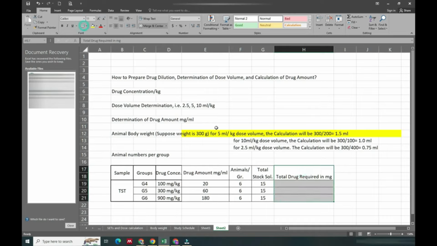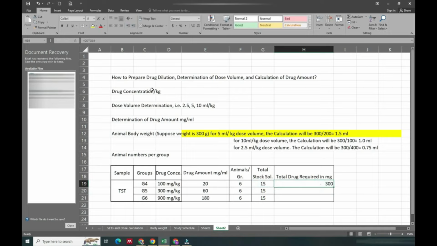So here mg per ml is 20 and 15 ml we are going to prepare. So we will multiply these two, 20 into 15. Whatever the result will be our total drug amount. So it is here 300.